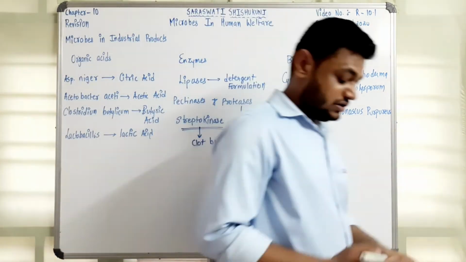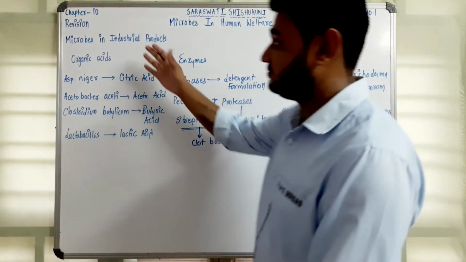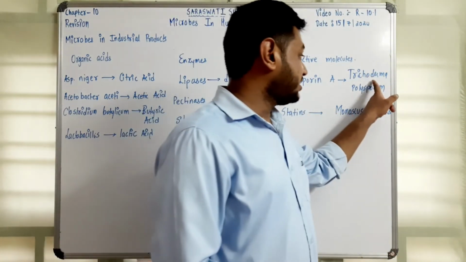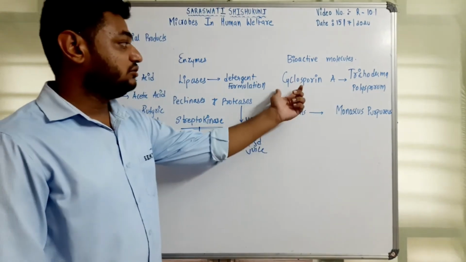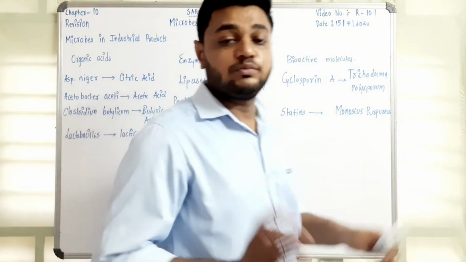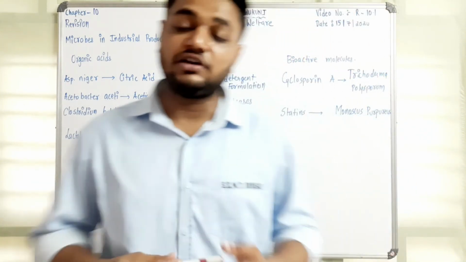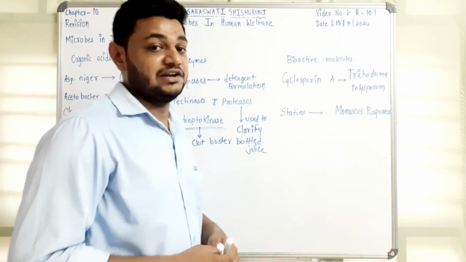Next is talking about certain bioactive molecules which are synthesized by microbes. For example, Trichoderma polysporum is used in production of cyclosporin A, and this cyclosporin A is very useful in those people who have undergone organ transplantation. Why?